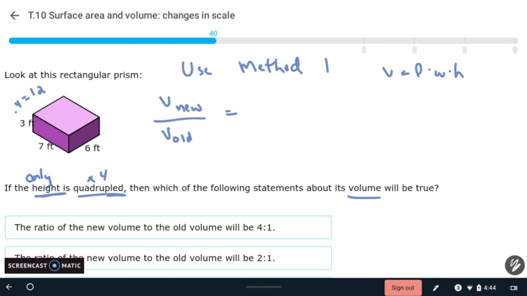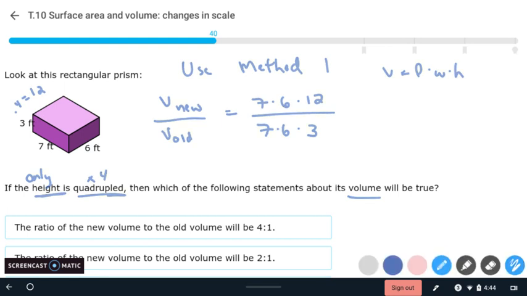For the new shape, we've got 7 times 6 times 12. And then for our old shape, we've got all the original numbers, so 7 times 6 times 3. And we can go through and calculate that. Fun fact, if you want, you can cross out what's the same anyway if you don't want to use a calculator. The 7s cancel out, 6s cancel out, and we're left with 12 over 3.